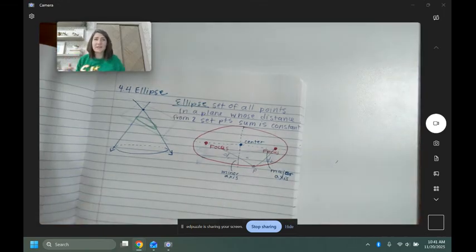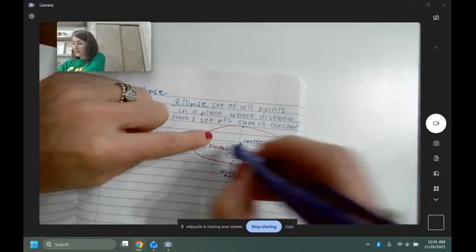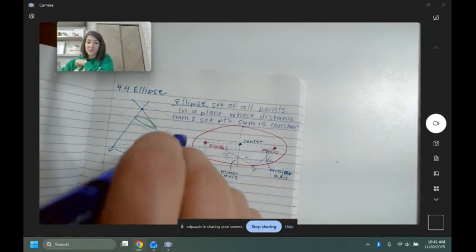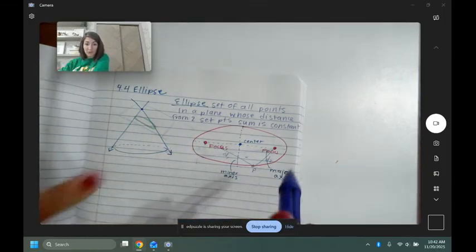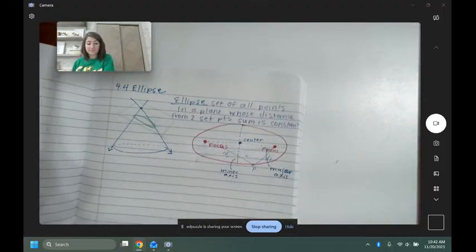That's like the construction of a proof: if I were to put two thumbtacks on both of my foci and attach them with a string, and then put a pencil in that string and glide it around where those two points are set, that will form my full ellipse.